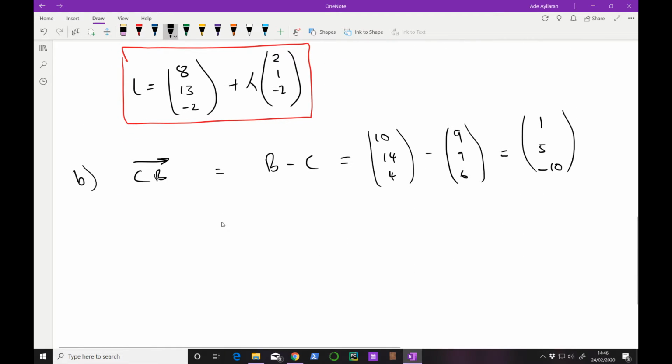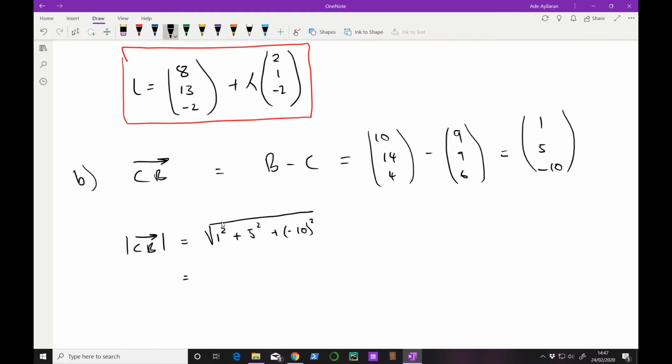Now the magnitude or direction of CB, remember vectors are vector quantities. They have both size and direction. Okay, we found the direction here, but to find the size, i.e. magnitude, it's going to be the Pythagorean expression of this particular vector. So that's going to be 1 squared plus 5 squared plus minus 10 squared, which is the same as 10 squared, all rooted.